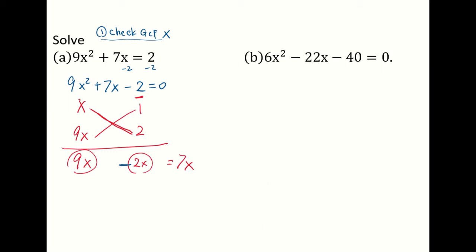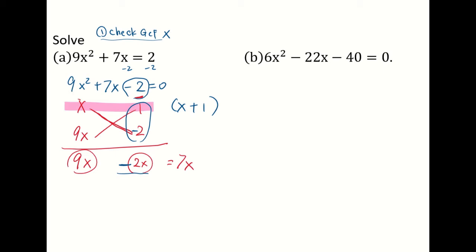So in order to have a negative 2x over here, this 2 needs to be negative, so that x times negative 2 is negative 2x. Let me check over here. 1 times negative 2 is negative 2. Okay, this gives me the right combination. So my two factors are the first factor coming from the first line, which is x plus 1, because it's x and positive 1 here.